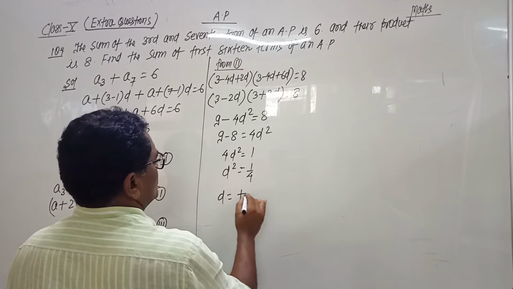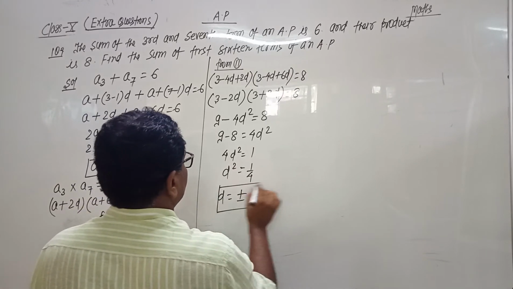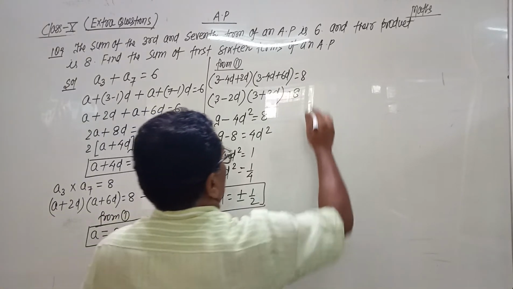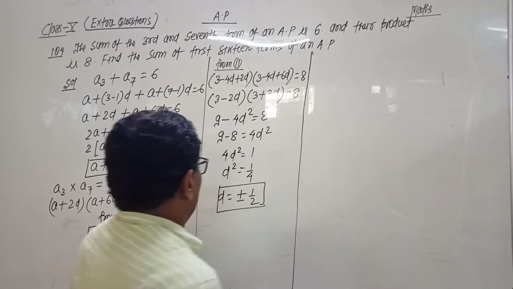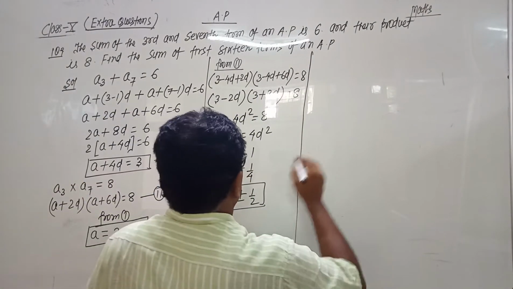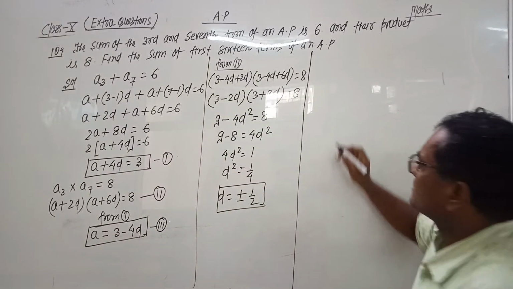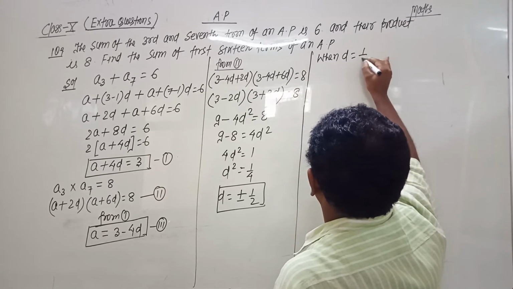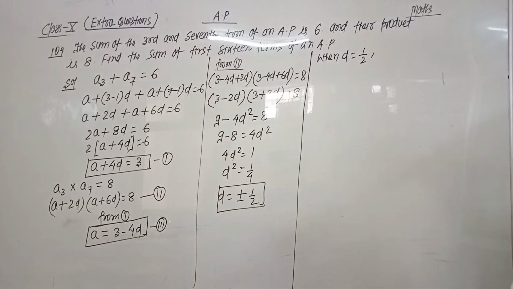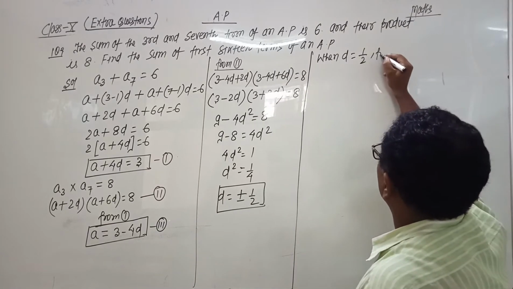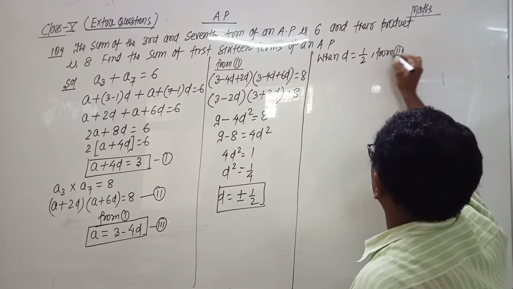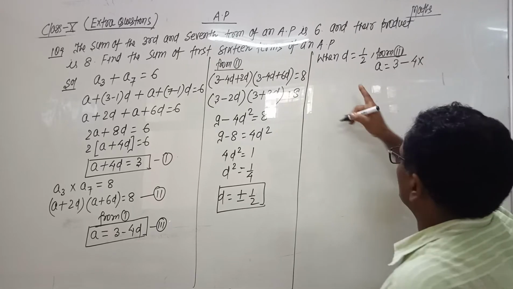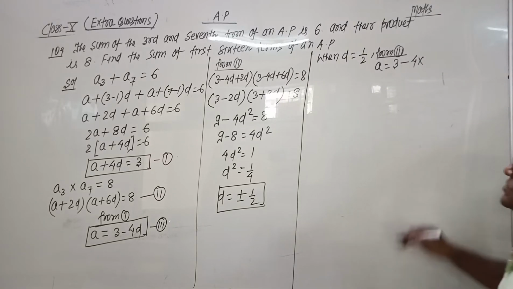The value of d comes to be plus or minus the square root of 1 by 4, plus or minus 1 by 2. So when d equals plus 1 by 2, we calculate the value of a from the third equation: a equals 3 minus 4 into d, and d is 1 by 2.